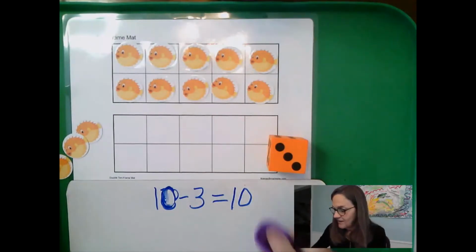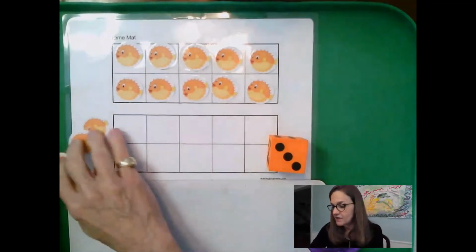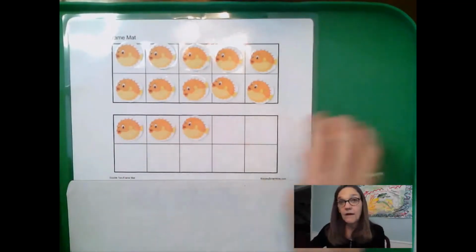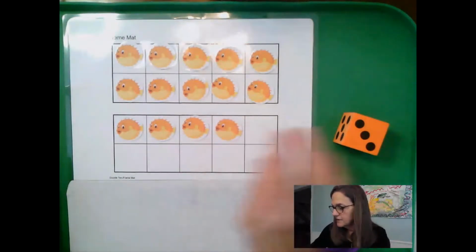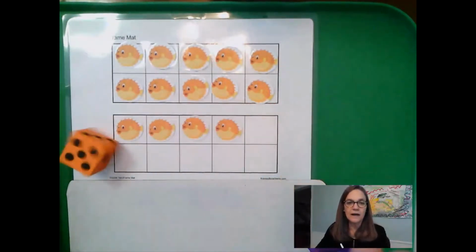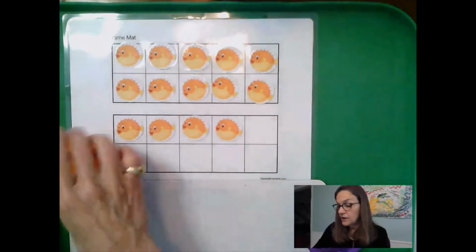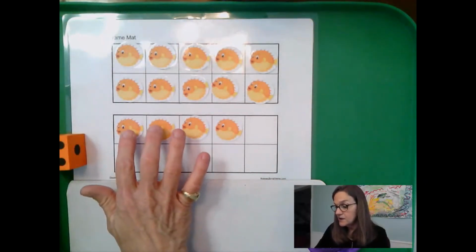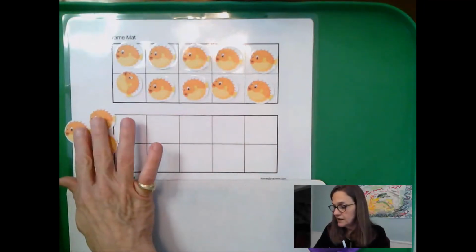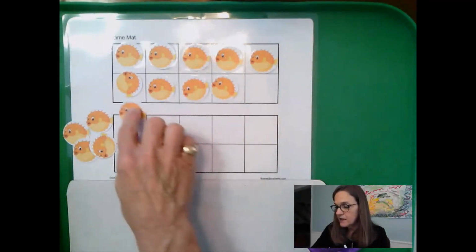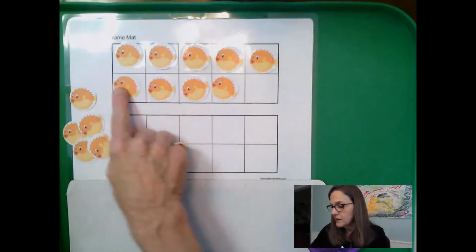Okay. All right. Let's try it again. This time we're going to do it with 14. Another puffer fish down here. I'm going to roll my dice, and I got a 5. So again, I'm going to take away from the bottom 10 frame first. 1, 2, 3, 4, and I'm going to take from the end of this 10 frame. I don't want to take from the beginning of it.